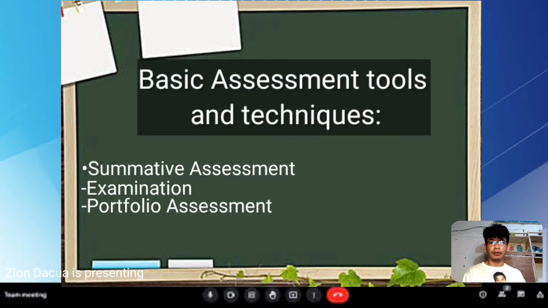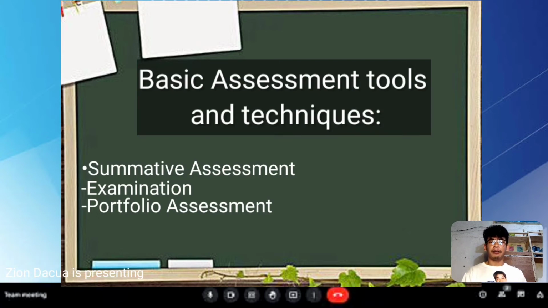Different types of portfolios include showcase, which celebrates students' classwork; descriptive, which demonstrates what students can do; evaluative, which assesses students' work against a standard; and progress, which documents students' work over time. It is a collection of student work that is associated with the standards you are required to learn.